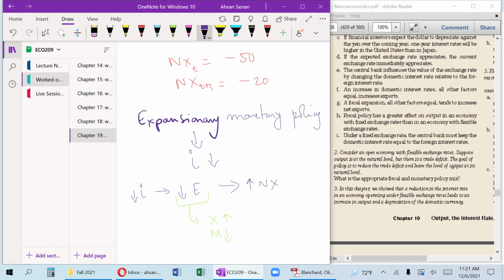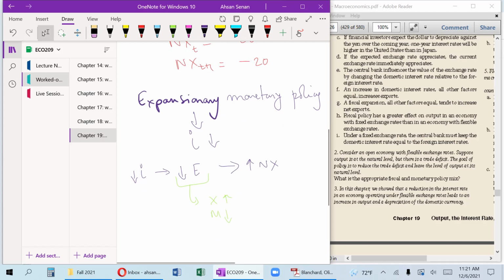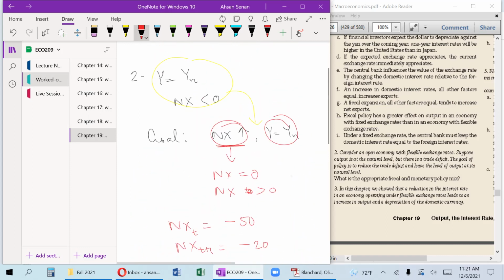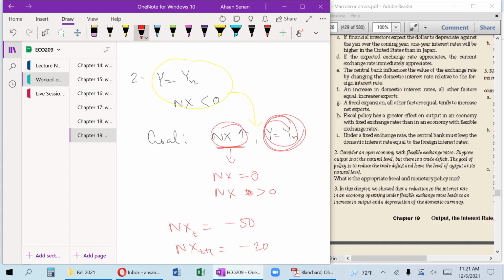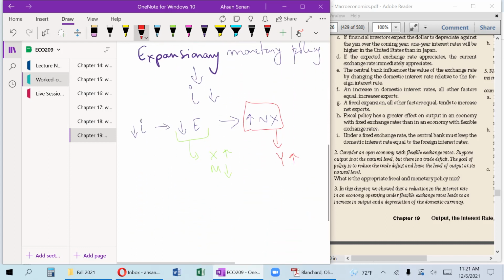So this solves the first problem, that we have improved the net export situation. But the problem, of course, is that when this happens, output is also going up, right? We do not want this. That was the second requirement, that output will remain the same.